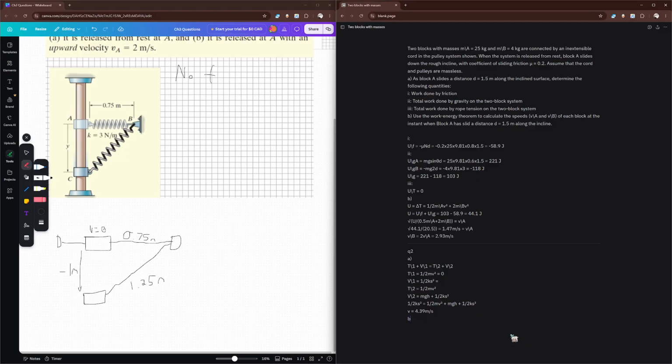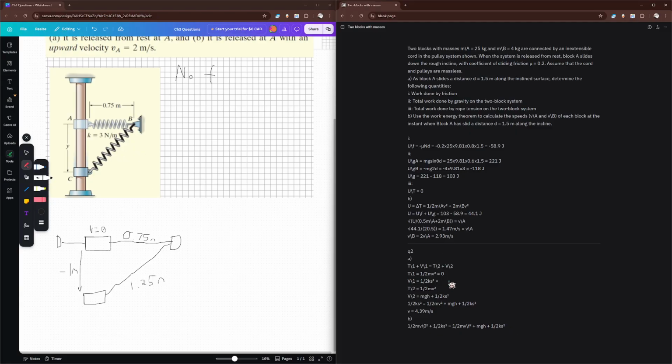So for B, it's going to be the same thing, but we're just going to add on another half mv squared because our V naught is 2. Can I please copy this? This, and then this is like that. So this is it, and this is a V naught, and this is Vf, like so.